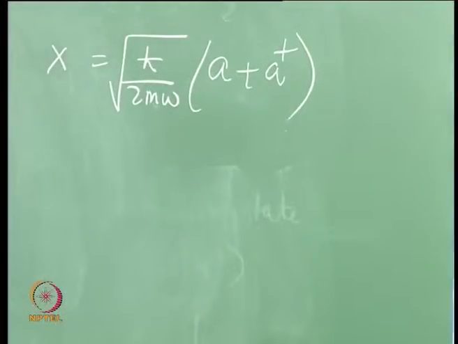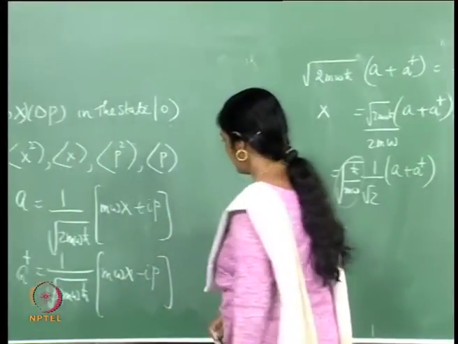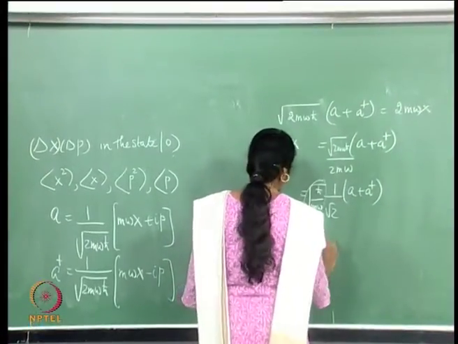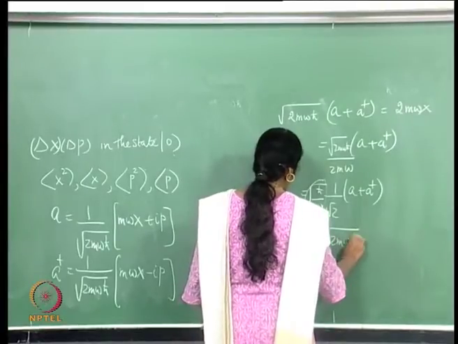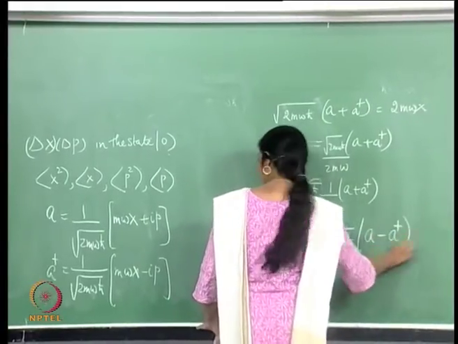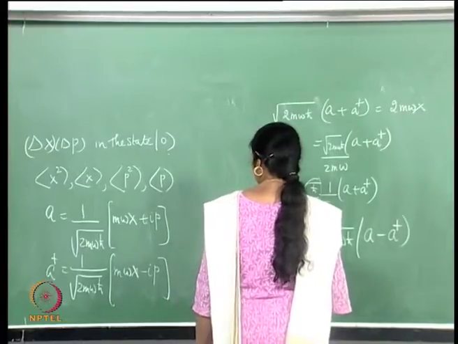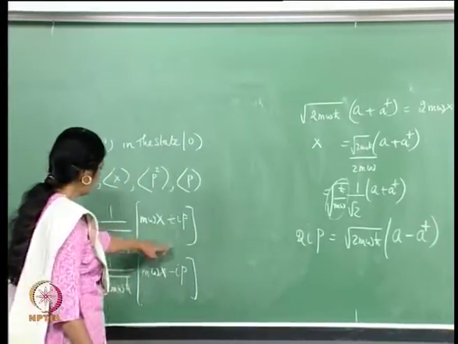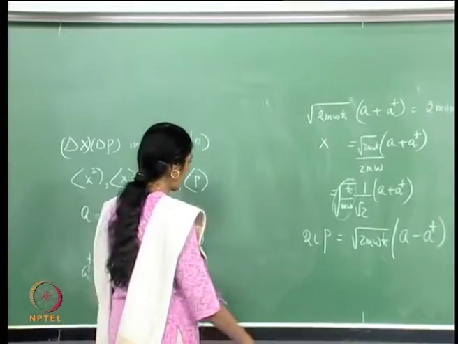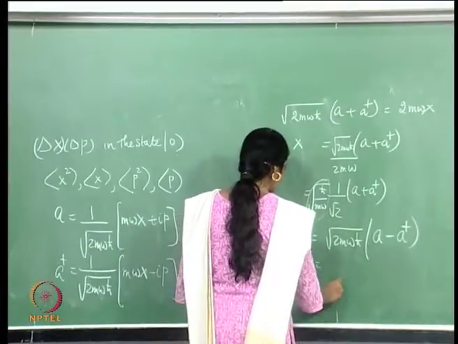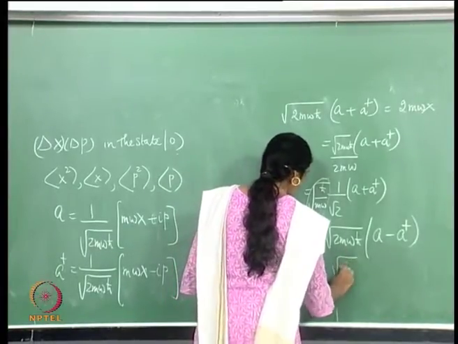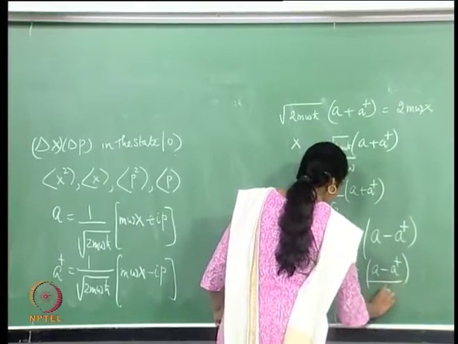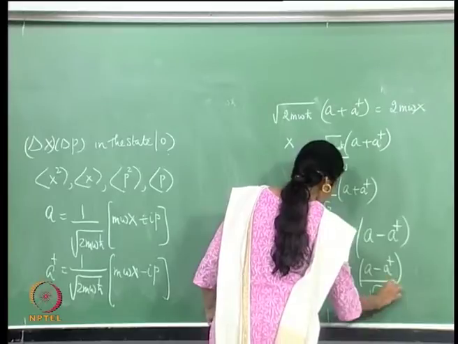Similarly, I can find out p by subtracting one from the other. So, root of 2 m omega h cross (a minus a dagger) is 2 i p. I have just subtracted one from the other. Therefore, p is root of m omega h cross (a minus a dagger) by root 2 i.